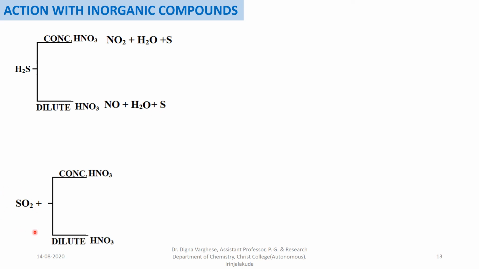Another example is sulfur dioxide. Sulfur dioxide reacts with concentrated nitric acid to give sulfuric acid and nitrogen dioxide. Dilute nitric acid with sulfur dioxide reacts to give sulfuric acid and nitric oxide. Another reaction is with ferrous salts.